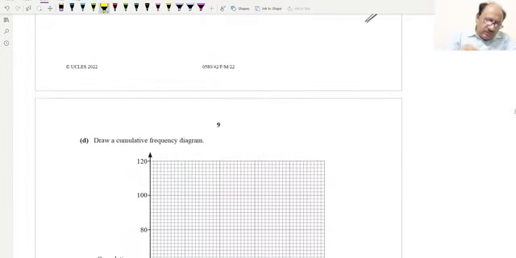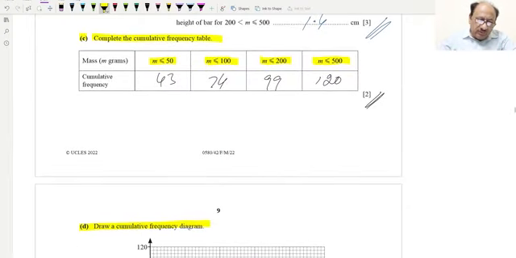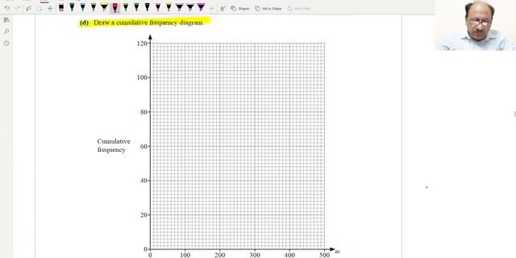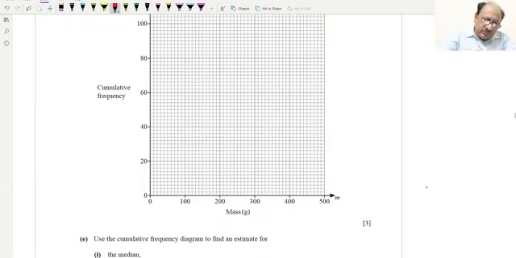Now they are saying D part, draw the cumulative frequency diagram. To draw the cumulative frequency diagram, our first value is this one, which is 43 and 50. We will take 50 from this side, 1 2 3 4 5, so 50 will be here, and 43 will be from here.